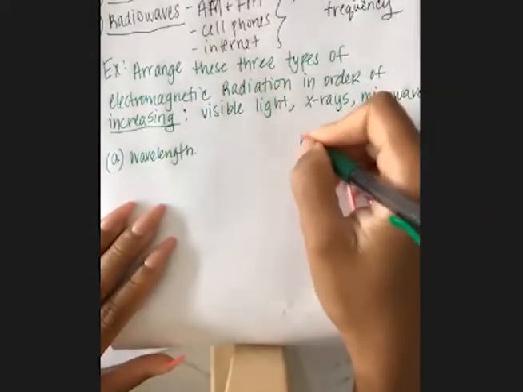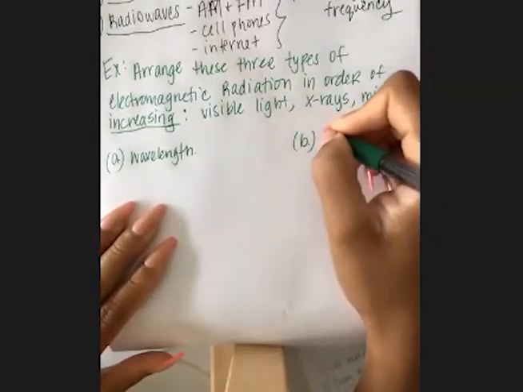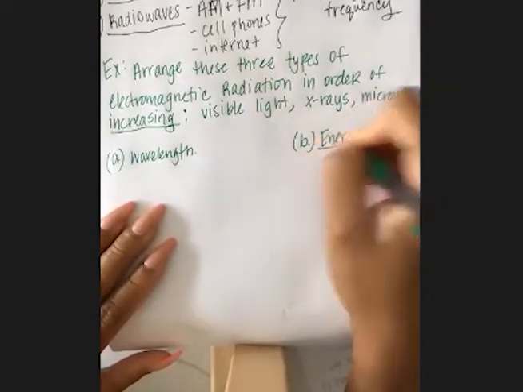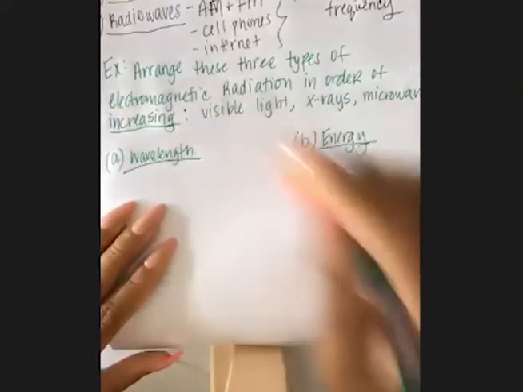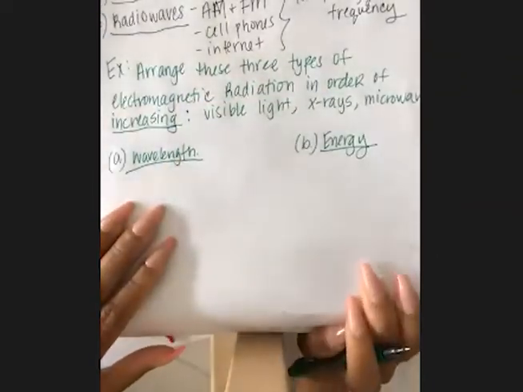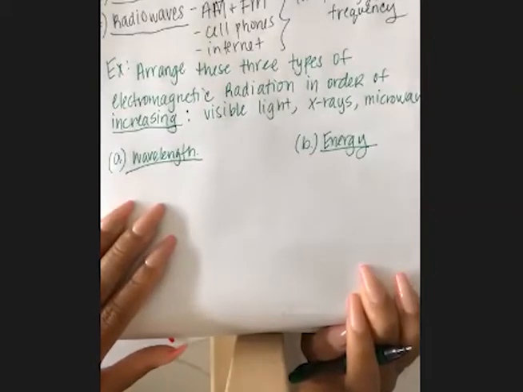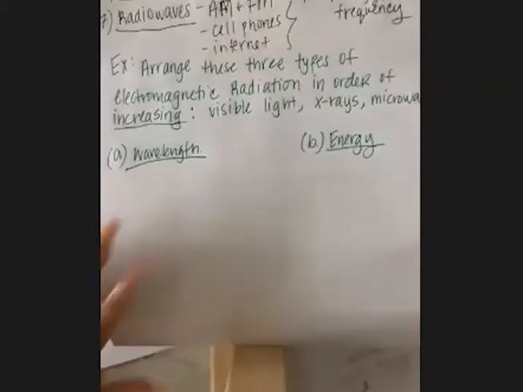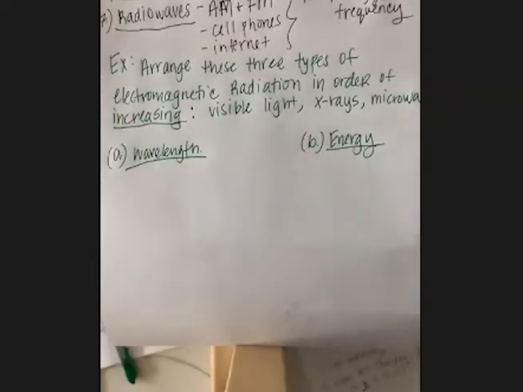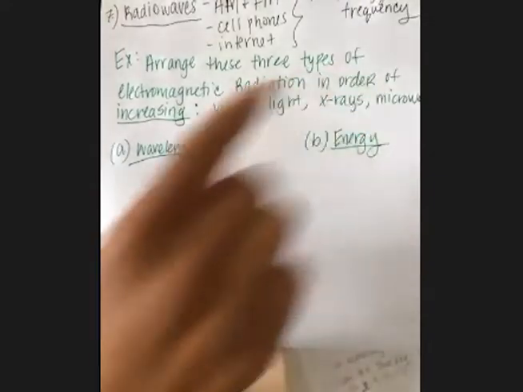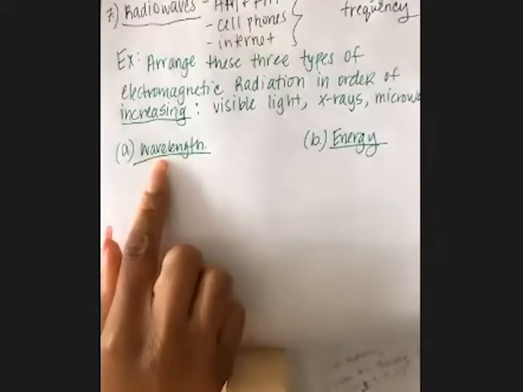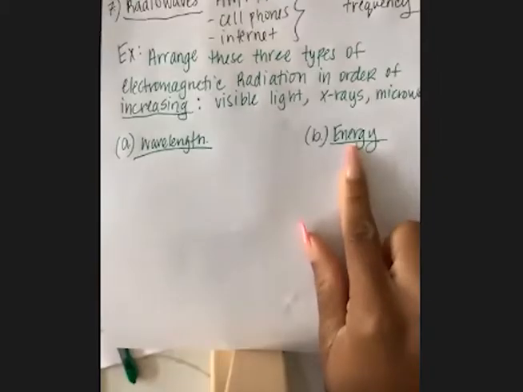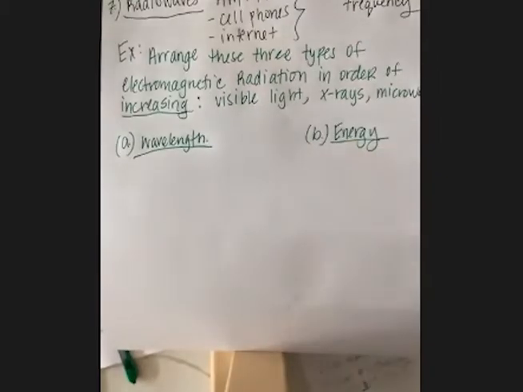And I want to arrange them in order of B, which is, let's say, energy. Now, do we understand what increasing means? Increasing means we're going to go from smallest to largest. So I would put those three types of electromagnetic radiation in order from smallest wavelength to largest wavelength, and then in order from lowest amount of energy to highest amount of energy.